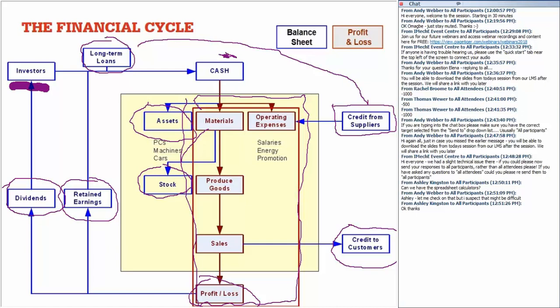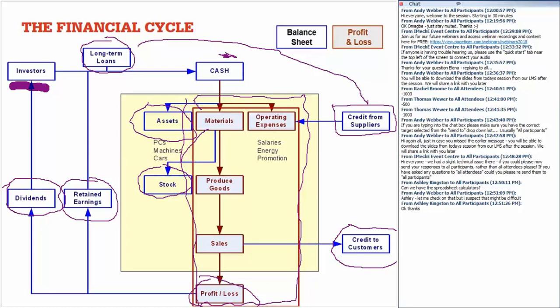Okay, so the profit and loss, you might be thinking of that as being like a pile of cash at the end, and that is an easy confusion to make, but it isn't. You may have no money in the bank and have made an enormous profit. Why might you have no money in the bank?